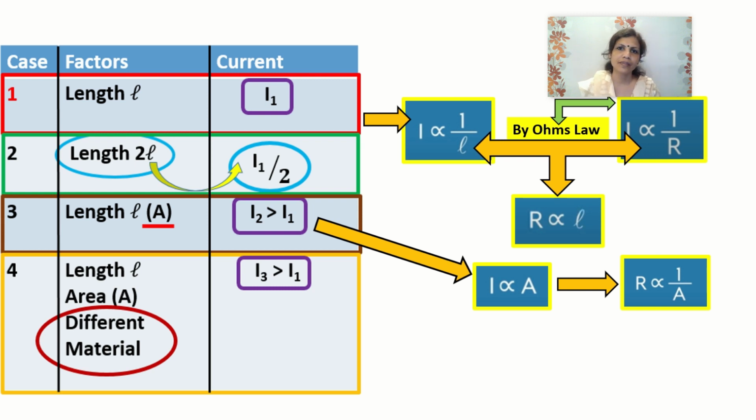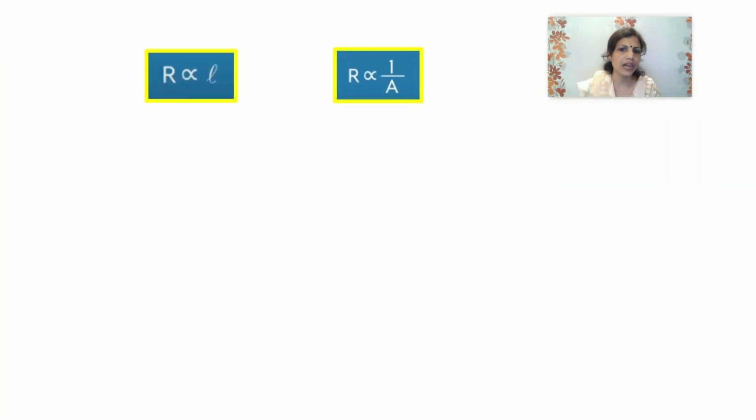Based on this, we have two equations: R is directly proportional to L and R is inversely proportional to the area of cross section. From these two we can say that the resistance of the conductor is directly proportional to the length of the conductor, and inversely proportional to the area of cross section of the conductor.